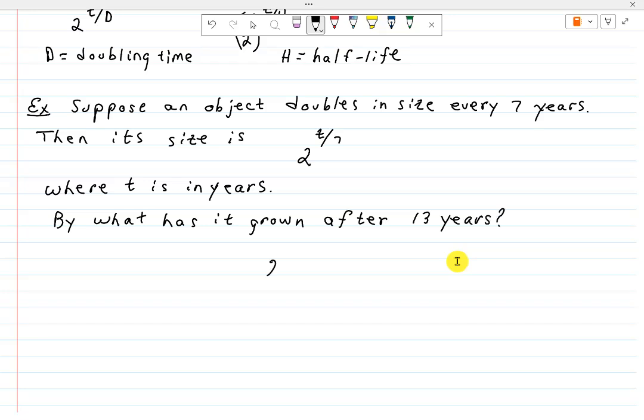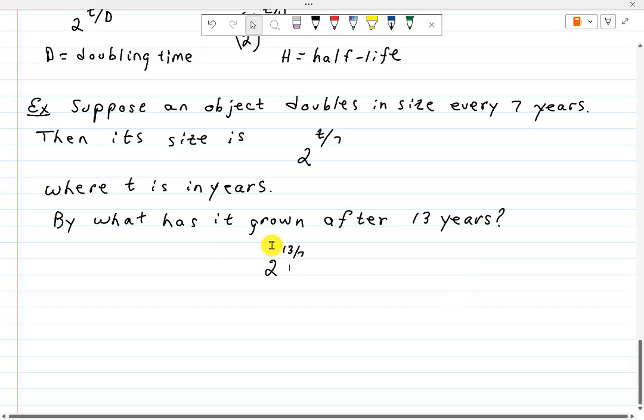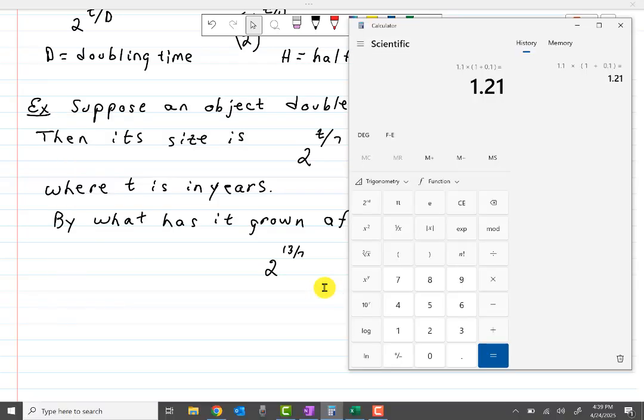So basically, we're going to put 2 to the 13 over 7. This would be the exact answer, but if you're allowed to do an approximation, let me grab the calculator. We have 2, and I'm going to raise it. I somehow have to get 13 divided by 7 in the exponent.